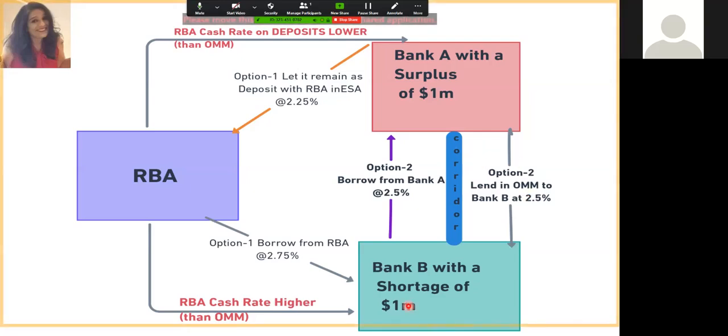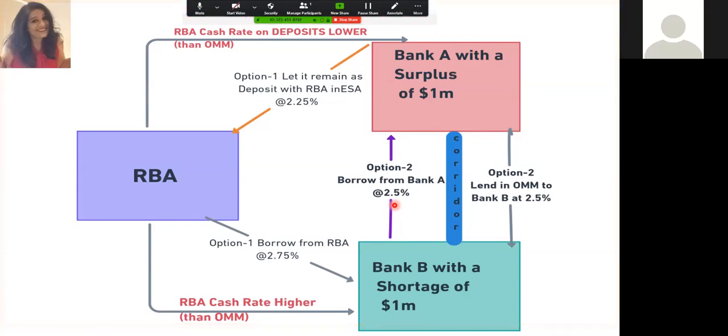On the other hand, if Bank B has a shortage, it could borrow money from RBA at 2.75, which is definitely more. And alternatively, it could borrow money at a lower interest rate in the money market. So again, if you were the CEO of this bank, you would say, I would rather buy it from the market because this is cheaper, this is a lower rate.